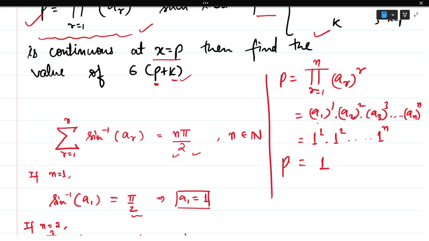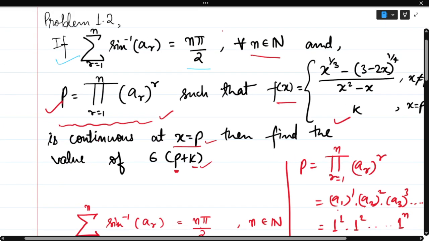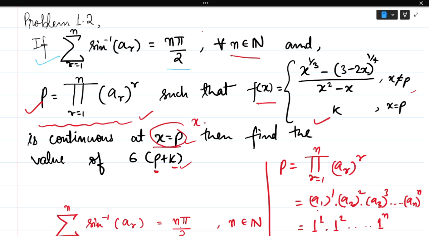Easy? Yes. So now the next step is to find the value of k. We got the point at which the function is continuous, which means the function is continuous at x equal to p. Now one can say this as x equals 1 because p is 1.